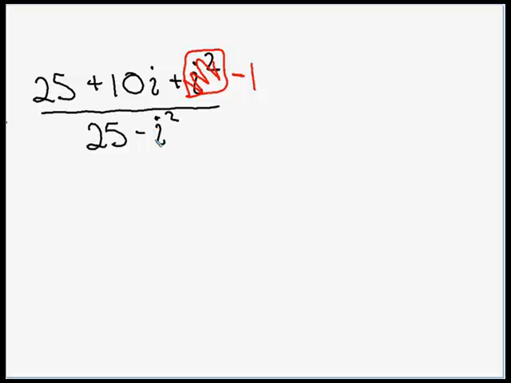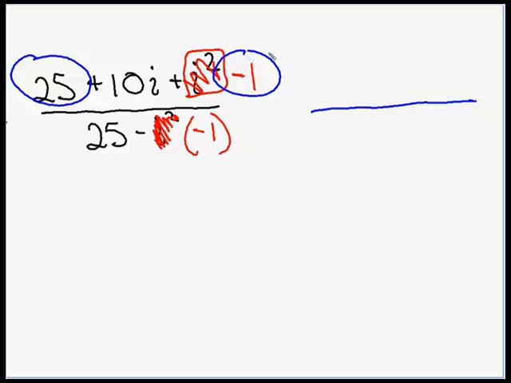And this minus I squared, that I squared is going to be replaced with a negative 1. So, numerator: 25 minus 1 is 24 plus 10i, divided by 25 minus a negative 1 is 26.